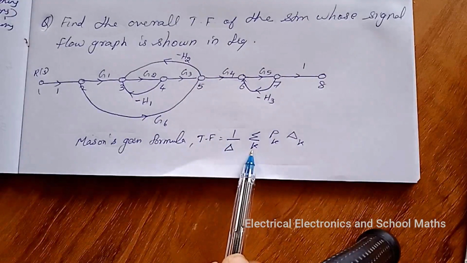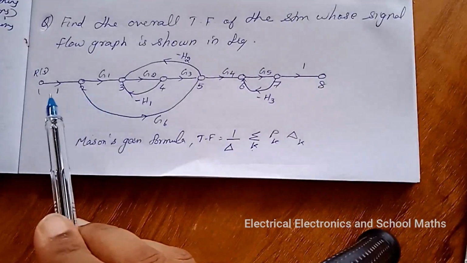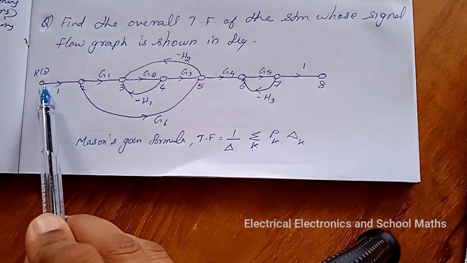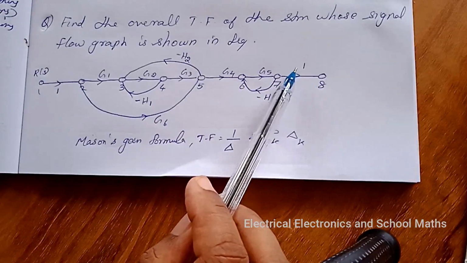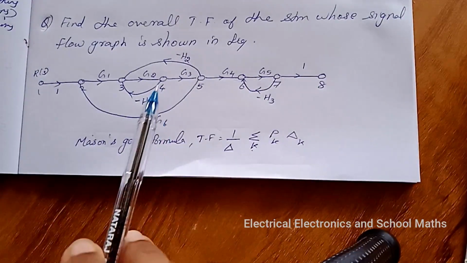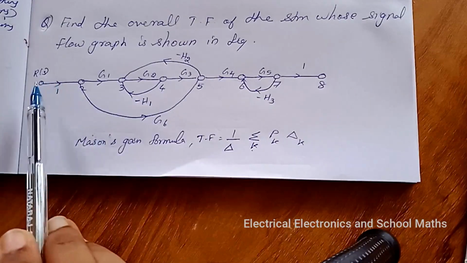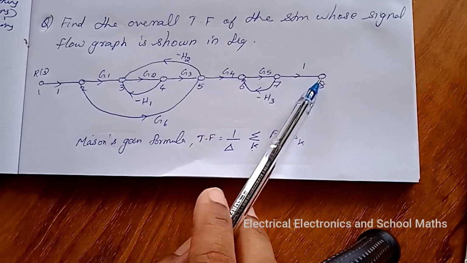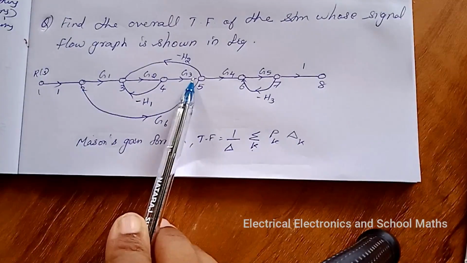Here k is the number of forward paths. So first of all, find the number of forward paths. This is one forward path. And what do you mean by forward path? It is a path from an input node to output node that does not cross any node more than once.